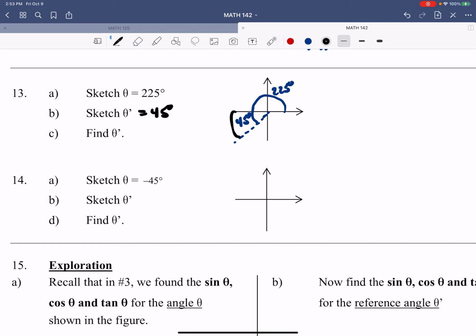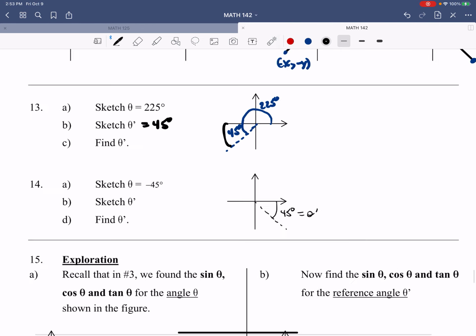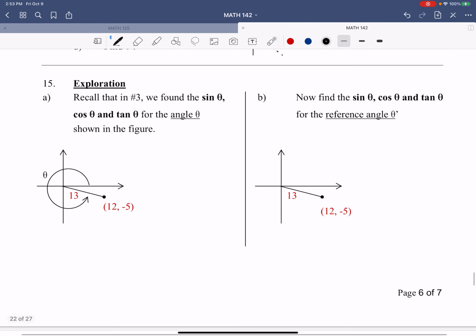For negative 45 degrees, that's measured clockwise because it's a negative angle, and that means this right here is my reference angle. So let's take a look at how this actually gets used.